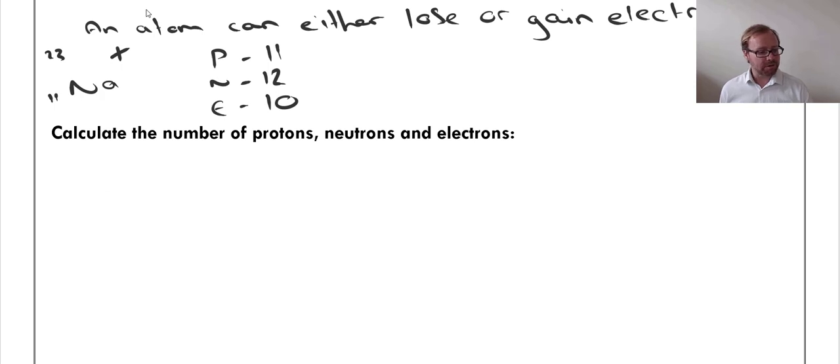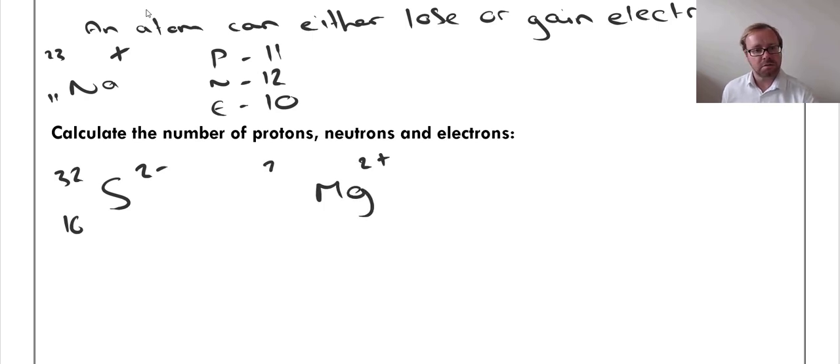Okay, so calculate the number of protons, neutrons and electrons in S2- 32, 16, Mg2+ 24 and 12, and let's do a harder one, I- 127 and 53.